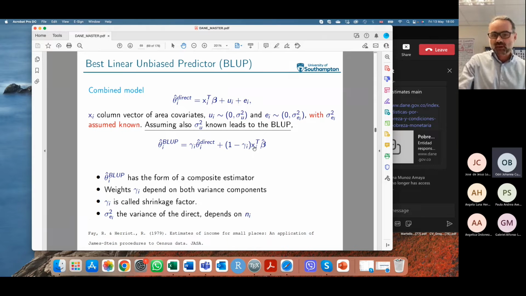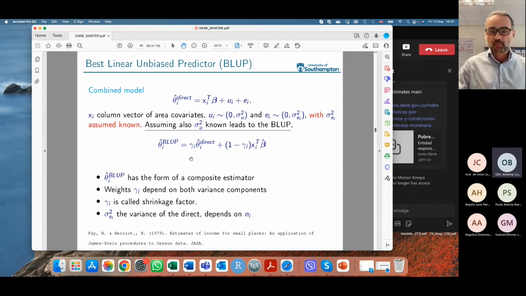The weights gamma i will depend, as you will see in a moment, on both variance components, sigma squared u and the sampling variance. Gamma i is called the shrinkage factor in the literature, depending on whether you give a higher weight to the direct or to the other part of the estimator. And sigma squared e_i is the variance of the direct estimate, and a key component of that is the sample size in the area.